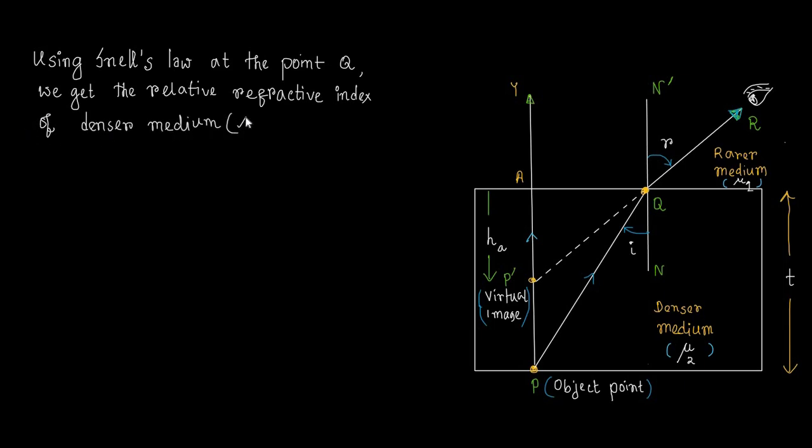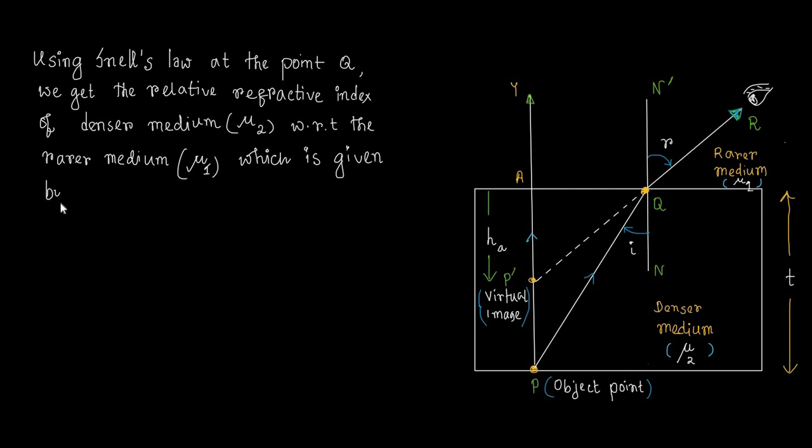We get the relative refractive index of the denser medium, mu2, with respect to the rarer medium of absolute refractive index mu1, which is given by 1mu2 equal to sine r divided by sine i.